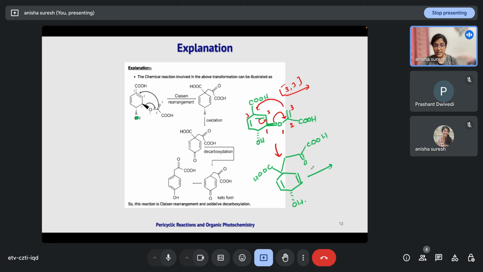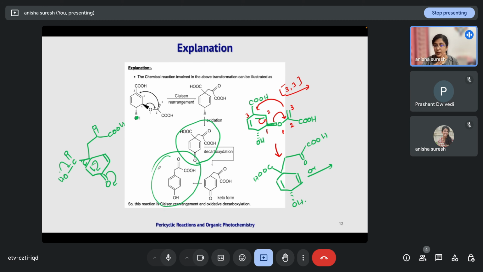Then oxidation will take place, as you can see here, to give this ketone, and a decarboxylation reaction is taking place in this fashion, C double bond O OH, and it will give this final product.